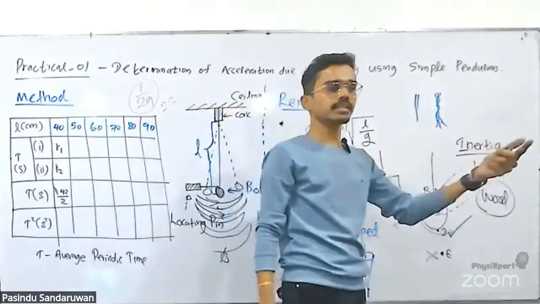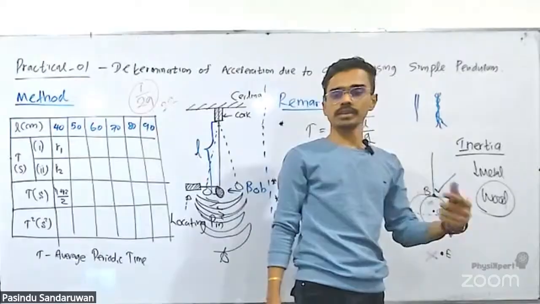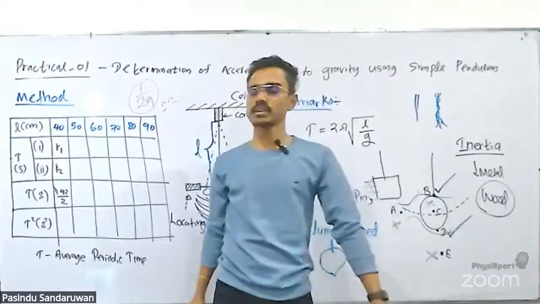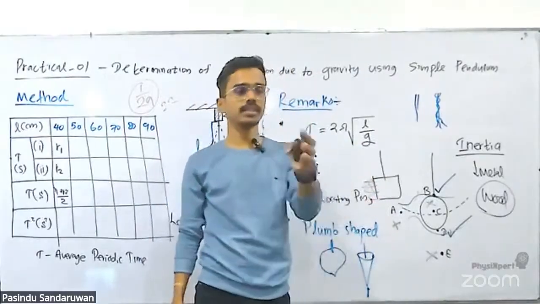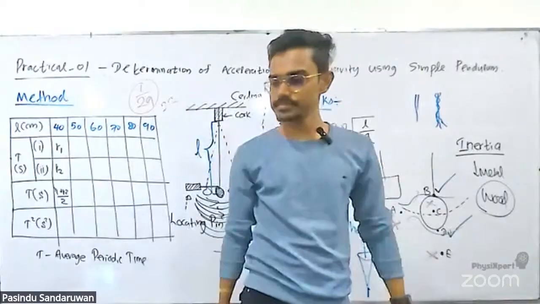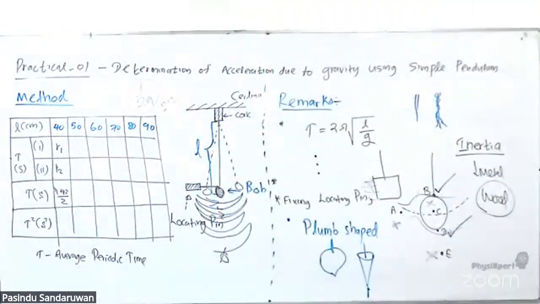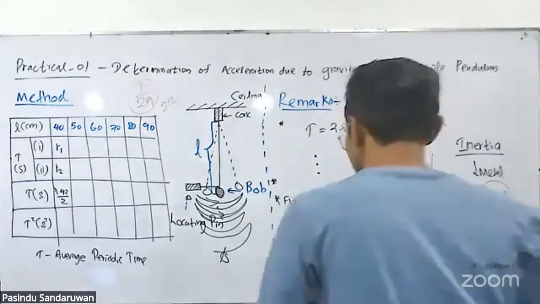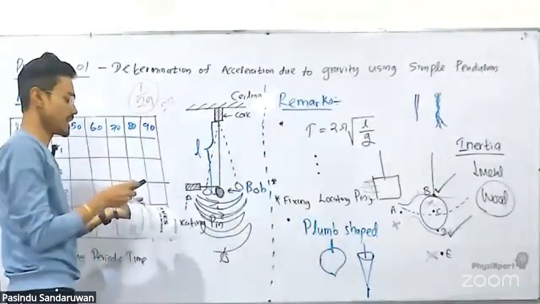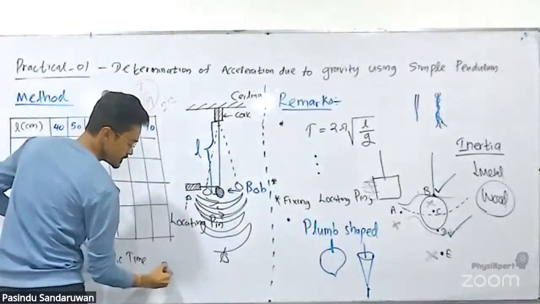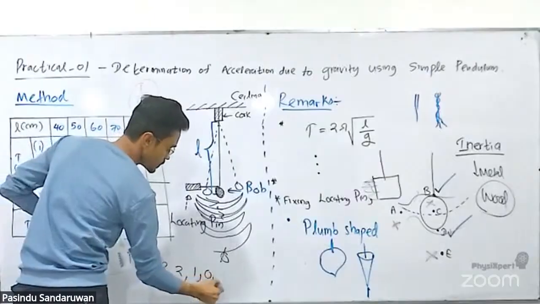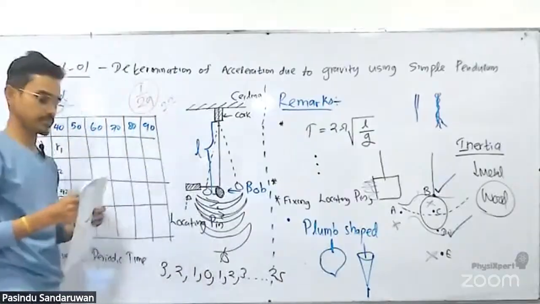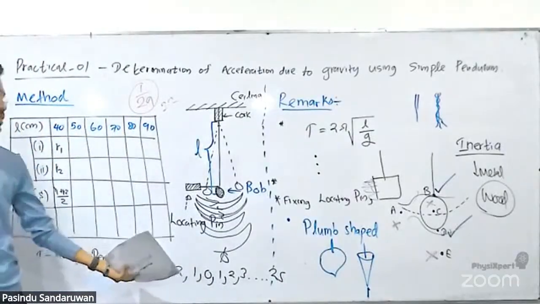Start counting with a countdown as 3, 2, 1, 0, 1, 2, 3 up to 25. Mention this. 3 2 1 0 1 2 3 up to 25.